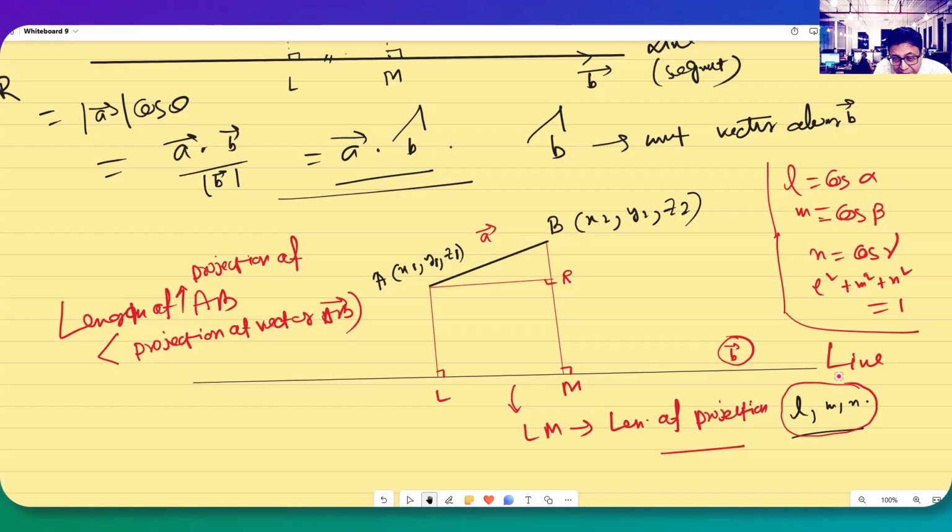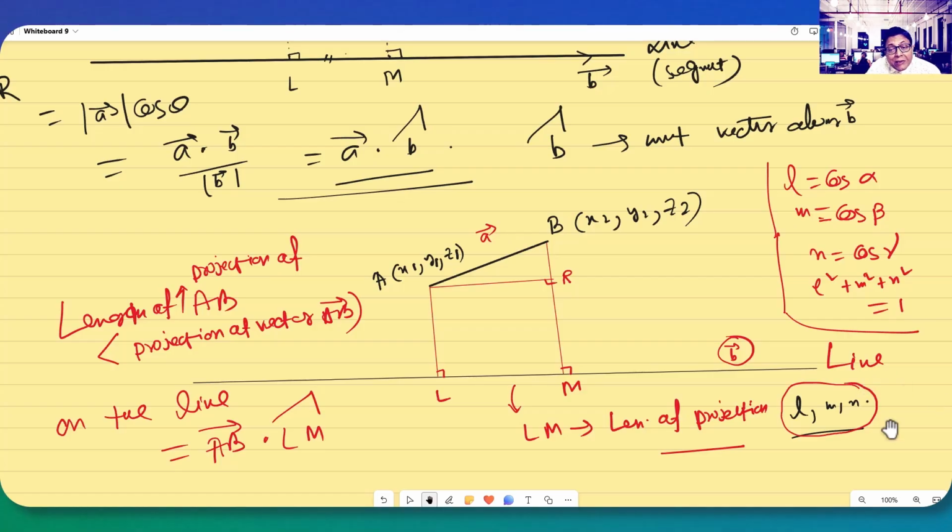We are just simplifying it. AB line segment, along that direction a vector can be defined. So the length of projection concept will remain the same, that is LM only. Length of projection of AB on the line, this is the line or part of line, on the line is what? Same, that is AB dot LM cap unit vector.